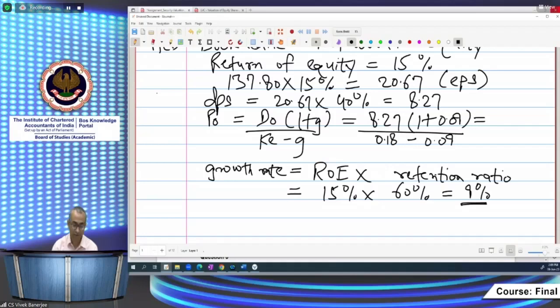So let us calculate it. 8.27 multiplied by 1.09 divided by 0.09. So it is coming to 100.16.